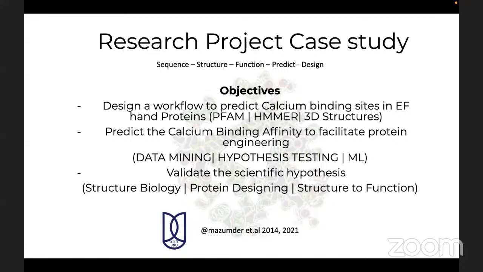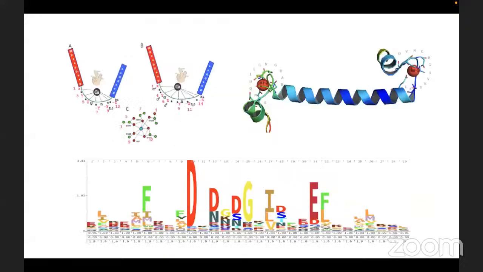So this is all in respect of structural biology, and how from sequence to structure to function. This is a case study. Briefly, the objective is to predict this site that you see on the screen.